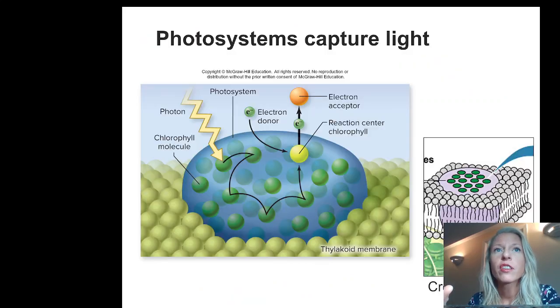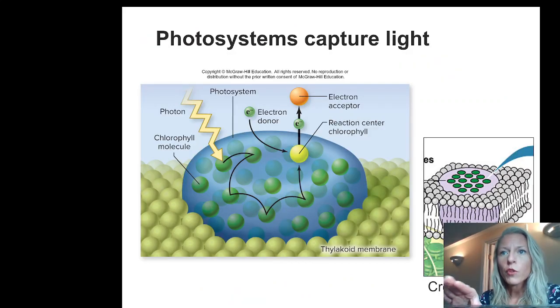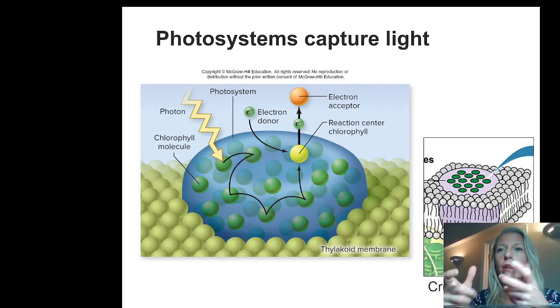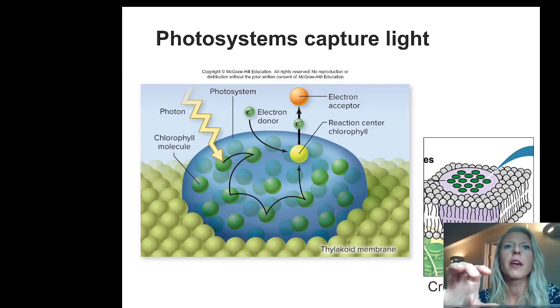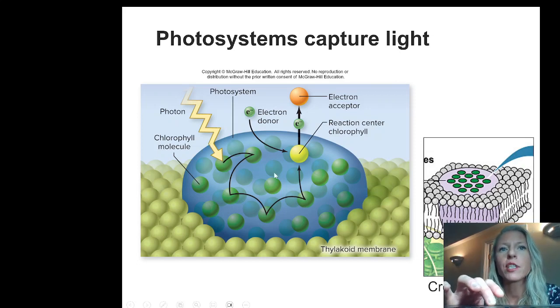So our light reactions. What's happening in our thylakoid membranes is we have what we can call photosystems. Okay. And so within our thylakoid membranes, we have these photosystems that are composed of thylakoids and chlorophyll molecules, where photons of light are going to be passed along until they hit what's called the reaction center, or the primary electron acceptor.